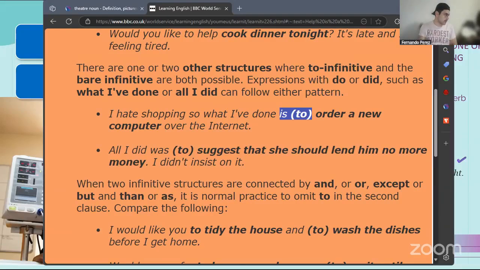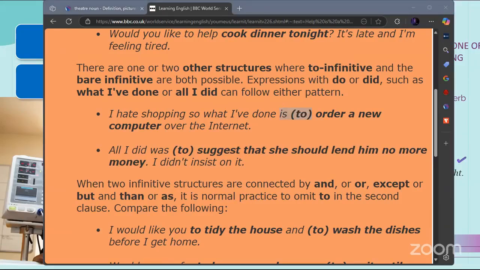That's the chunk we are looking for. So the title will be what I have done. What I've done plus be plus to, parentheses.